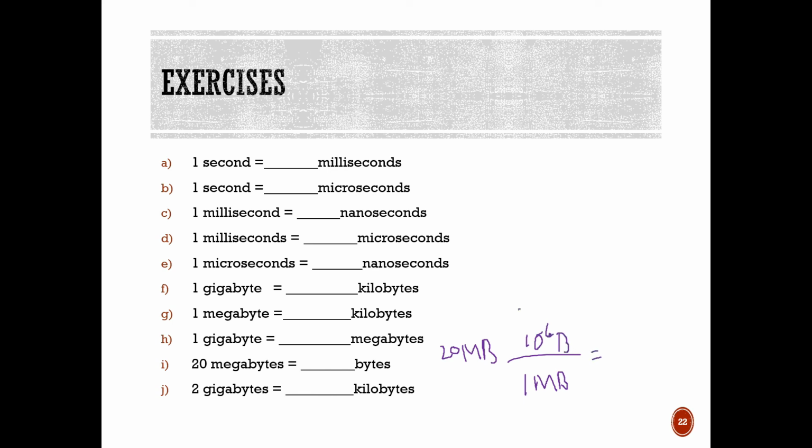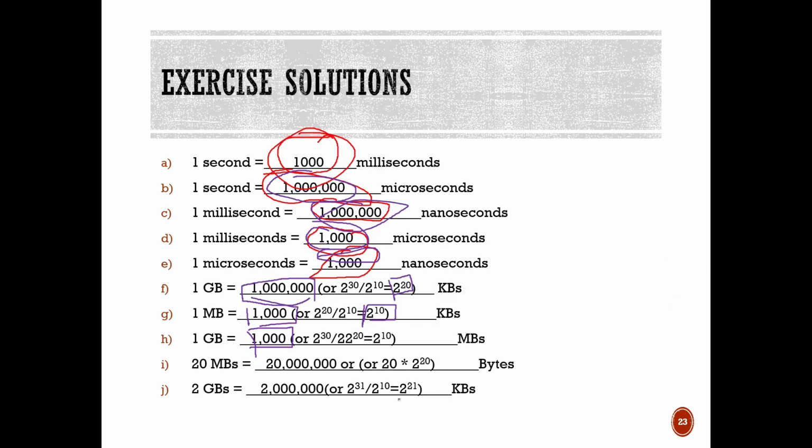So it's just going to be 20 times 10 to the 6 bytes. Megabytes cancel, we're left with bytes. So what is that? 20 mil. There we are.